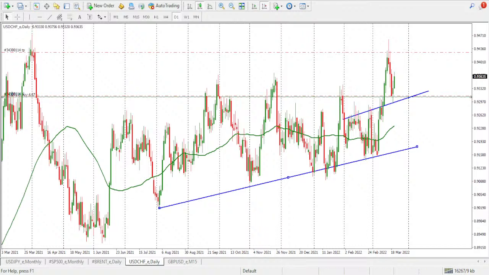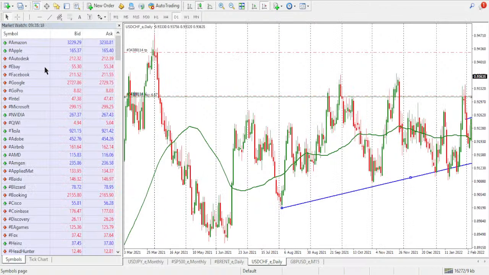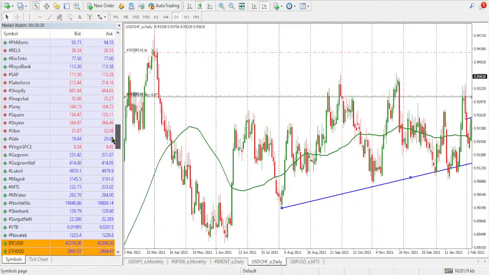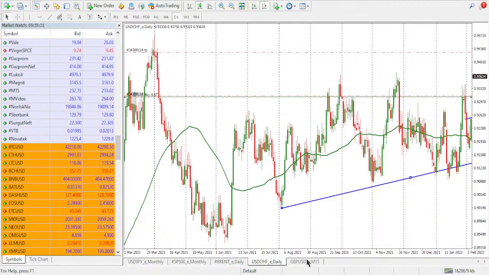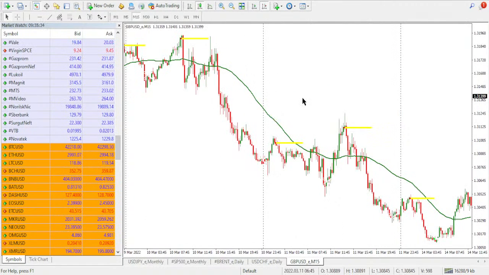The next instrument which I want us to have a look at is Gbp Usd. Let's load it. We have Gbp here. So with the Gbp Usd so far, let's see exactly what we expect to be happening.